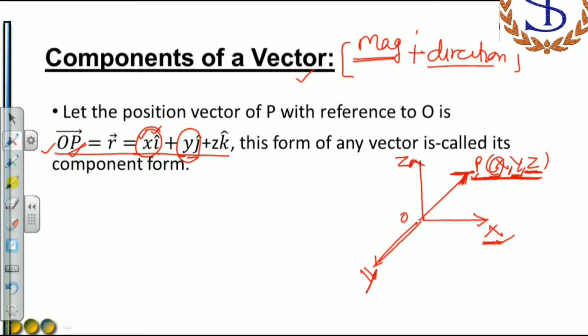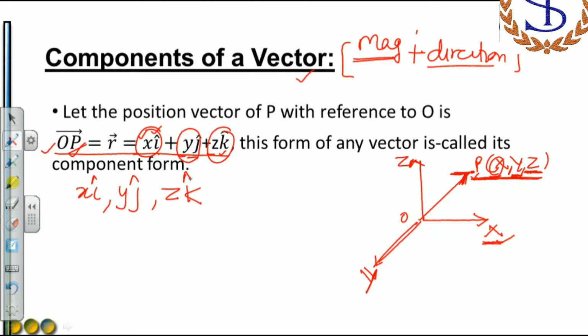So the third component of this vector is z and the direction is k cap. This is the third component of the OP vector. So if I am asking what are the components of this OP vector, we have xi cap, yj cap, and the third is zk cap.